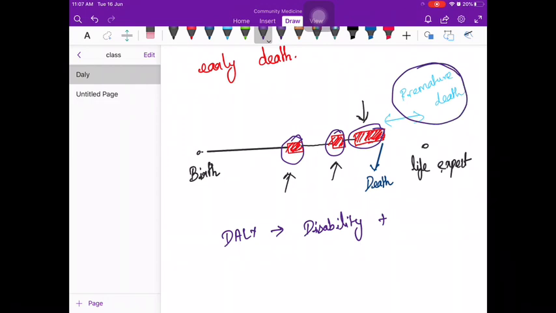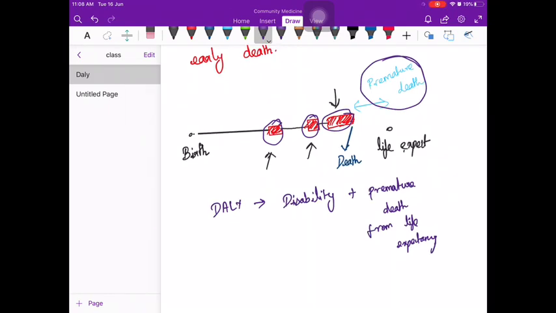That is this year. As we see here, in DALY, we are calculating the years lived with disability and the number of years lost due to premature death from his life expectancy.